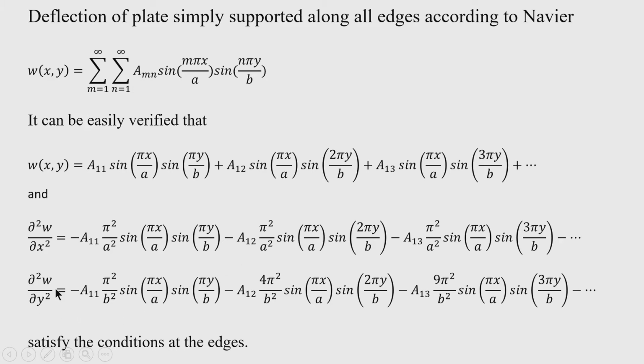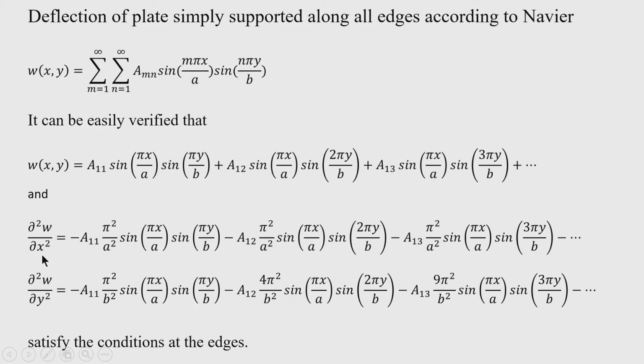Similarly, the derivative with respect to y, we get minus A11 pi square by b square sin pi x by a sin pi y by b, and minus A12, because 2 pi by b will come out, so 4 pi square by b square sin pi x by a sin 2 pi y by b, and so on. So, this derivative function can be evaluated.